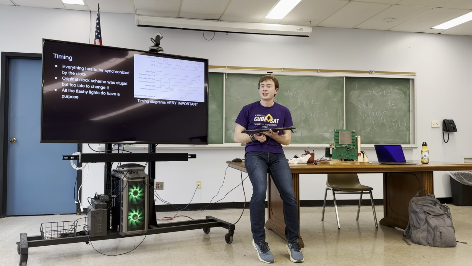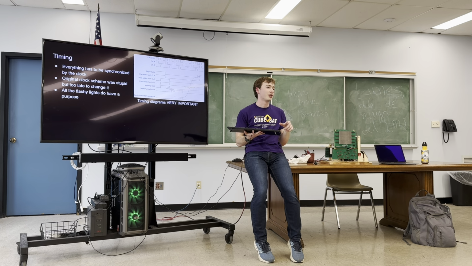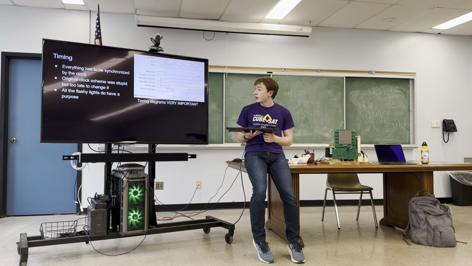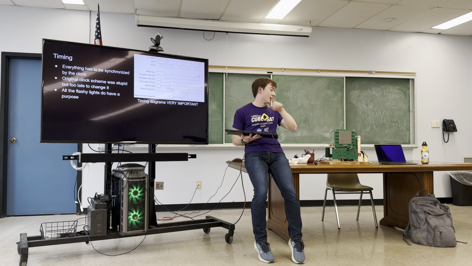I later realized that it wasn't really necessary because I could just have a timing diagram for one part and then use that to design what comes after it, like in the relay race where the baton is being passed. And this is also what all the lights on this are for.